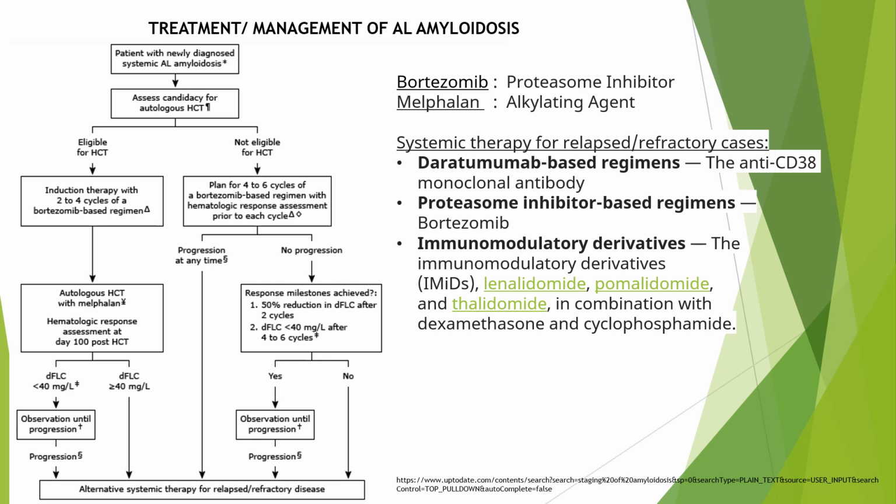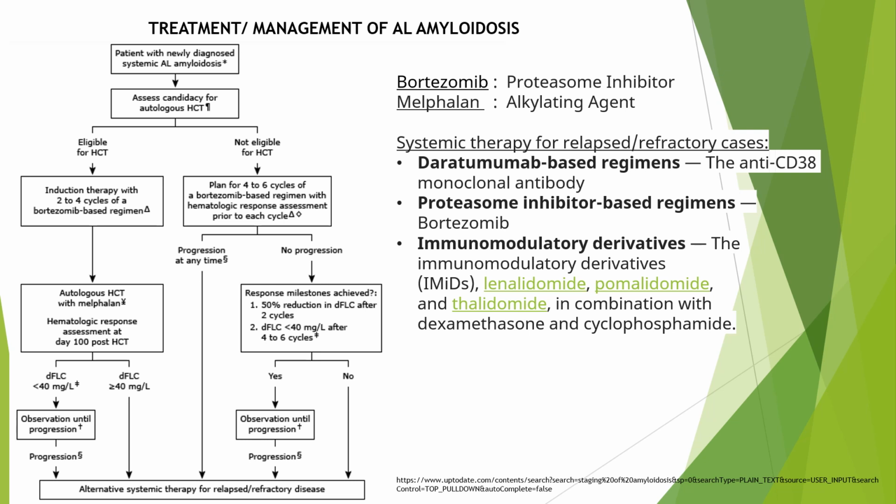So these are the drugs or regimens that we're using for people who have relapsed and refractory cases. But if the patient is not a candidate for a transplant, and we give them 4 to 6 cycles of the bortezomib-based regimen, and there's no progression, then we see if the response milestone is achieved or not. Now, what is the milestone?